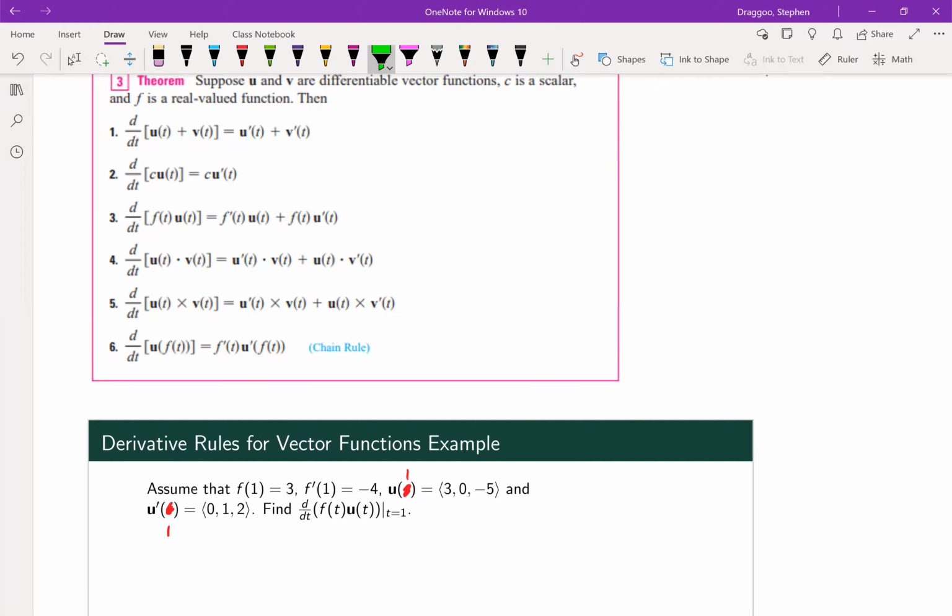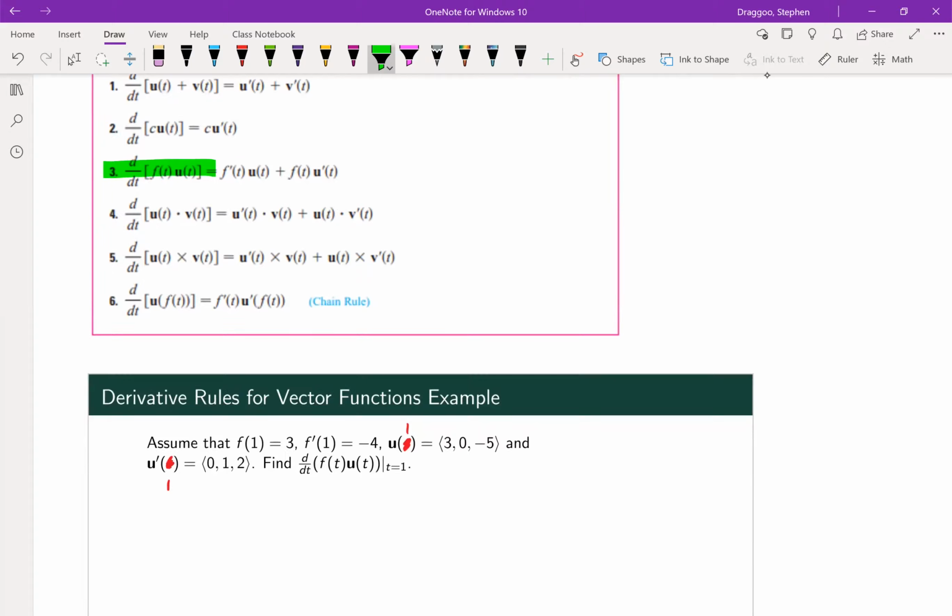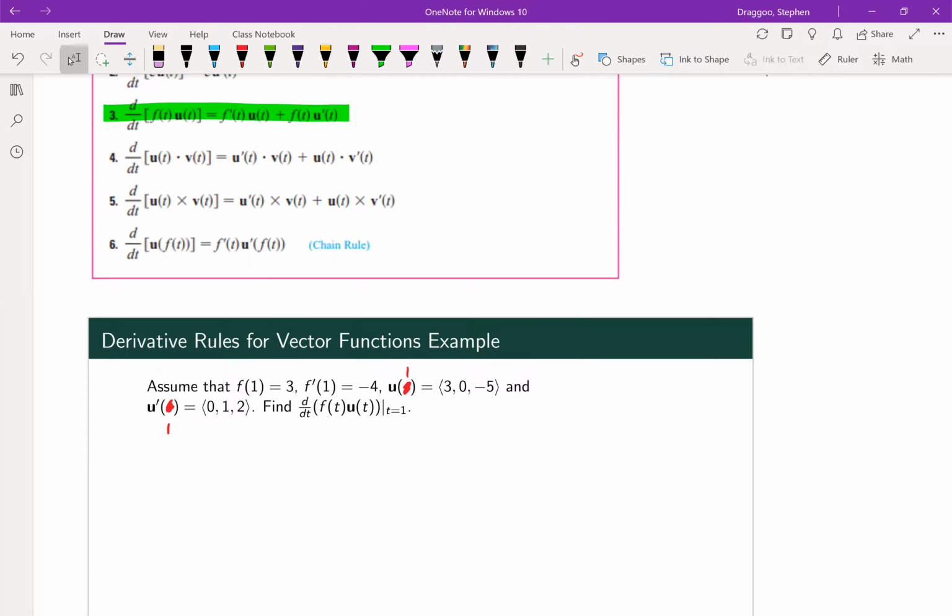So looks like we're going to want to use the product rule for a scalar function being multiplied into a vector function. So we're going to look at property 3, which says that this derivative should come out to, well, just the product rule, sort of like we're used to seeing it.